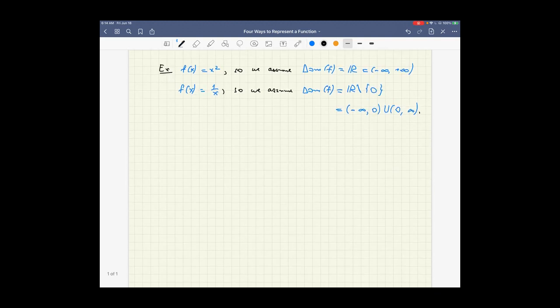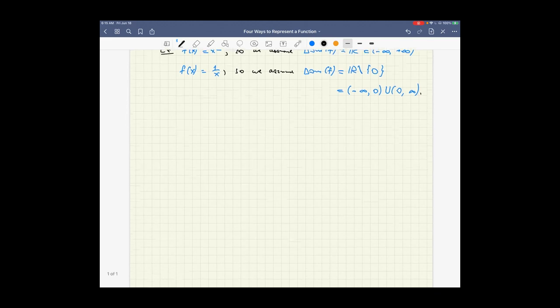Functions could be added or multiplied, and the sum of two functions and the product of two functions naturally will be defined on the set that's the intersection of the domains of the two functions being added or multiplied.